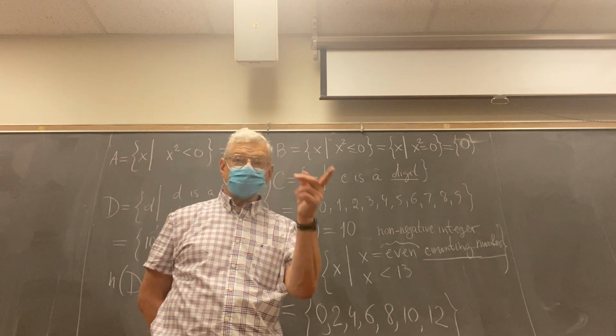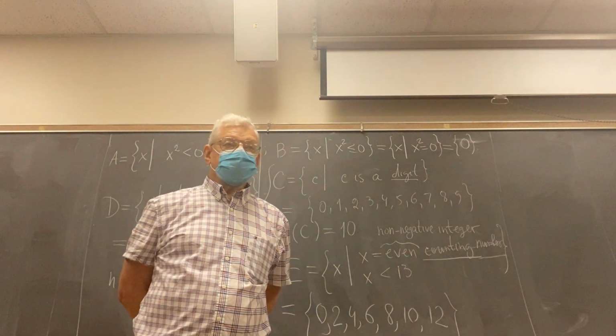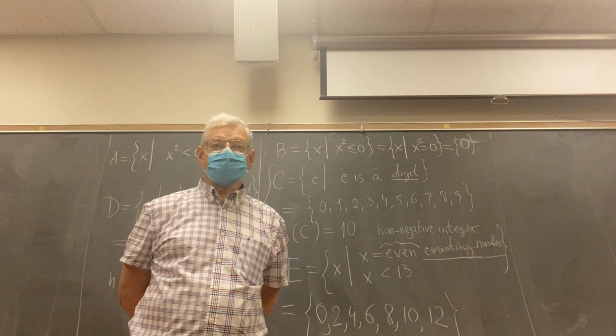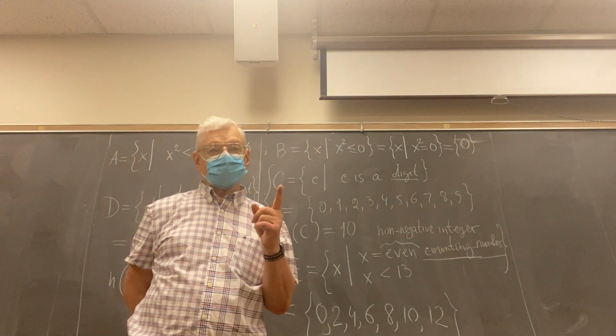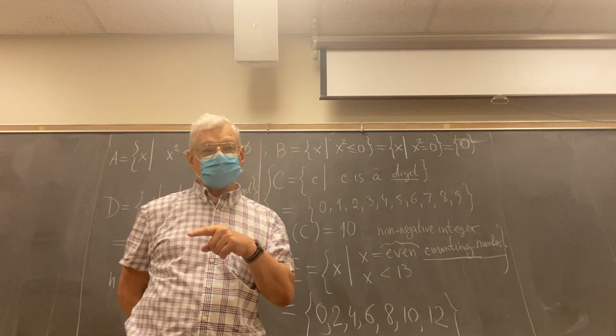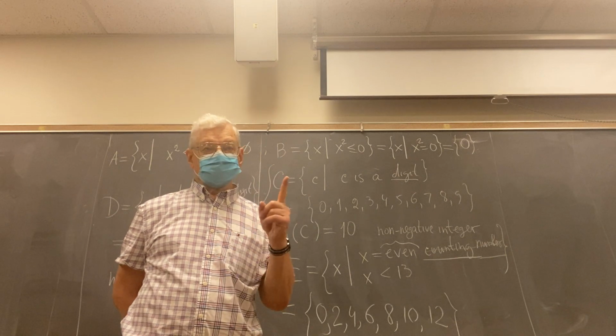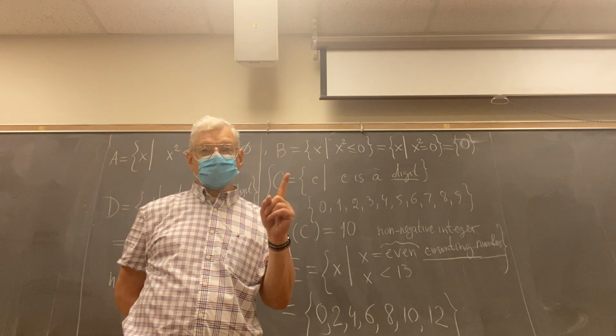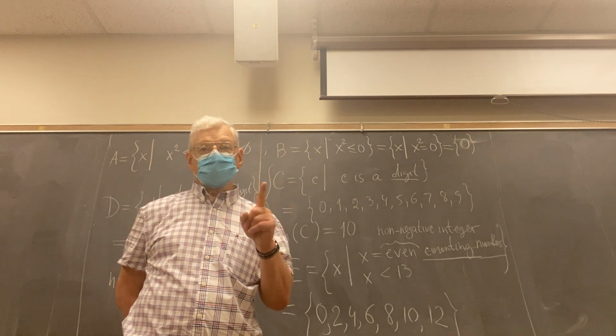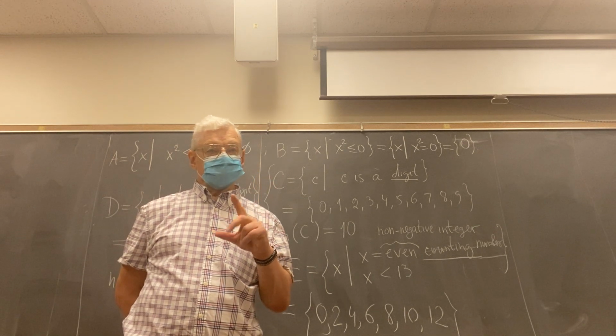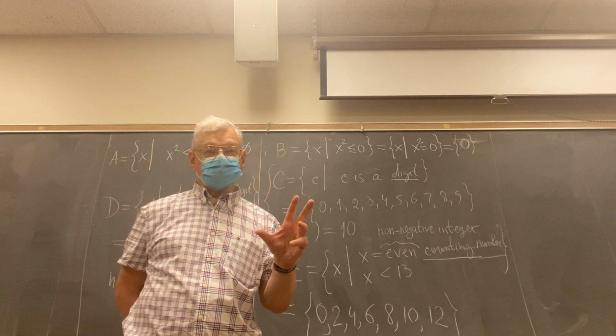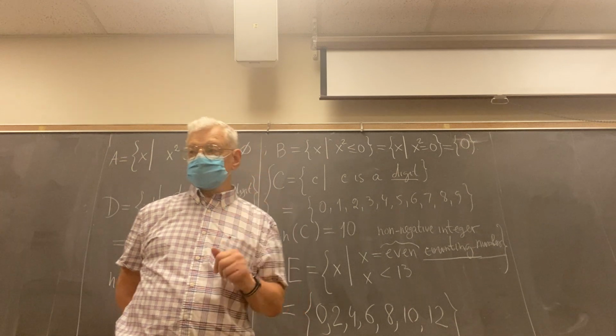So 0 is even. Is it odd? No, it's not odd. Odd is a number that gives a remainder of 1 when you divide by 2. But if you divide 0 by 2, you get 0. So it cannot be even and odd simultaneously.